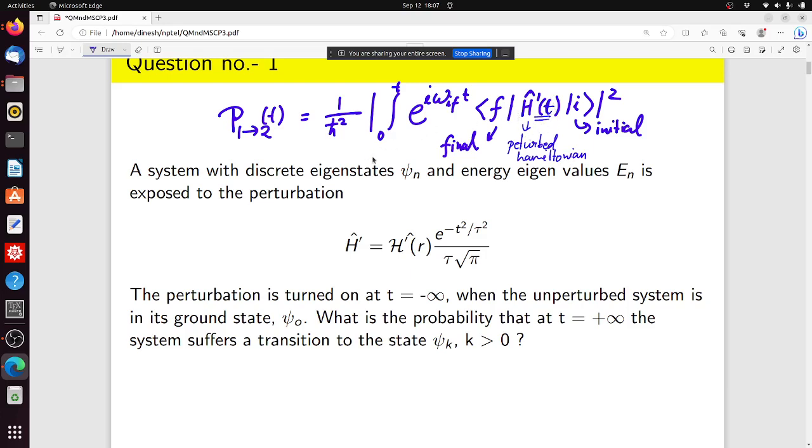For us the important thing is to calculate this parameter, then integrate.